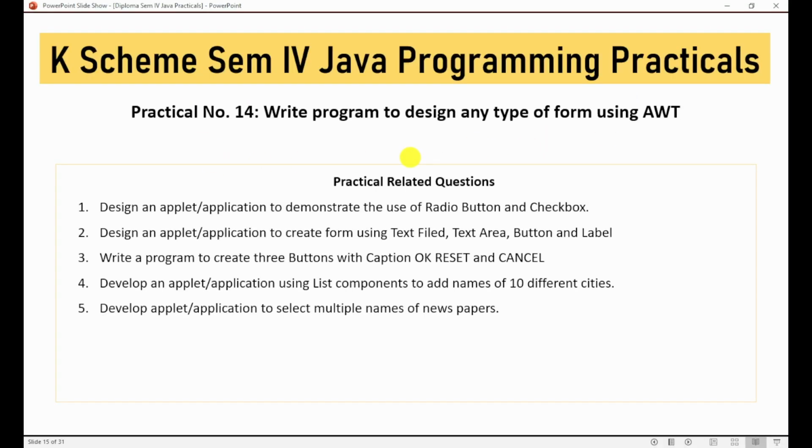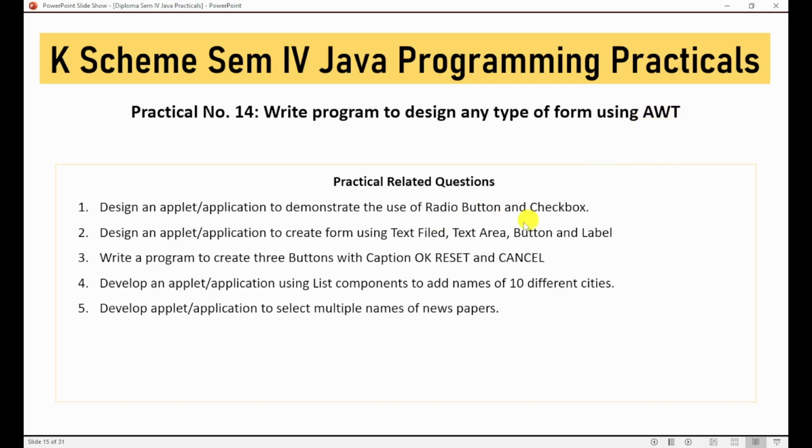Moving toward the practical questions. The first question is: design an applet or application to demonstrate the use of radio button and checkbox. For that we have to create a window, and that window class is called Frame, which is present inside the AWT package.